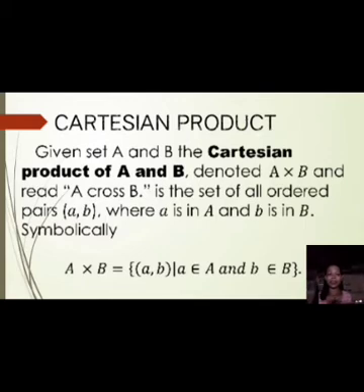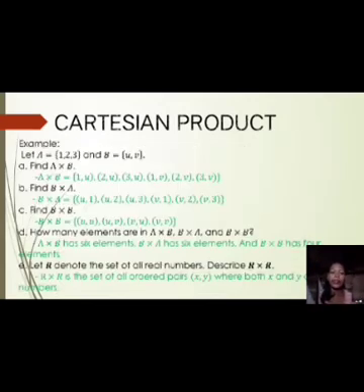Cartesian product. Given sets A and B, the Cartesian product of A and B, denoted A × B, read A cross B, is the set of all ordered pairs (a, b), where a is in A and b is in B. Example: let A be equal to {1, 2, 3}, and B be equal to {u, v}.